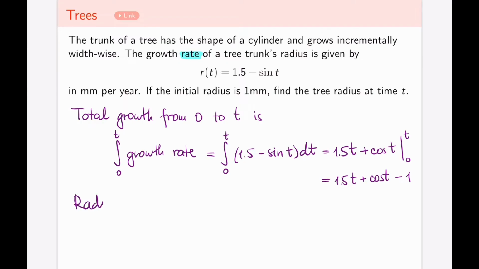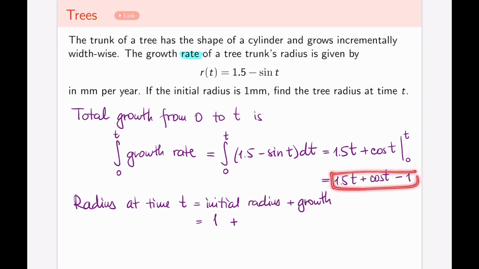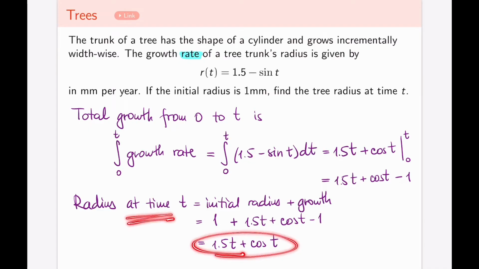So radius at time t will be initial radius, which is 1 millimeter, plus growth that actually occurred. So that is 1 plus whatever I ended up getting from the integral, which is this 1.5t plus cosine of t minus 1. Now, of course, I notice that my 1 and minus 1 cancel, so overall I get 1.5t plus cosine of t. And this altogether is my radius at time t.